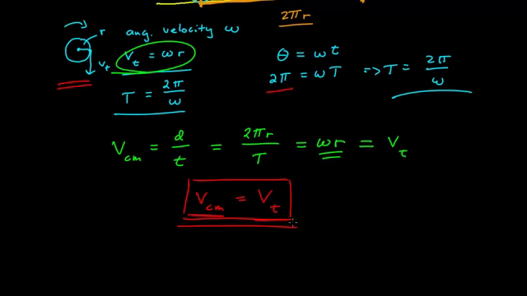Now if at any instant in time the system is accelerating, we can differentiate both sides, and we get the acceleration of the center of mass is equal to the tangential acceleration, which is equal to alpha times the radius. Remember, this is equal to omega r.